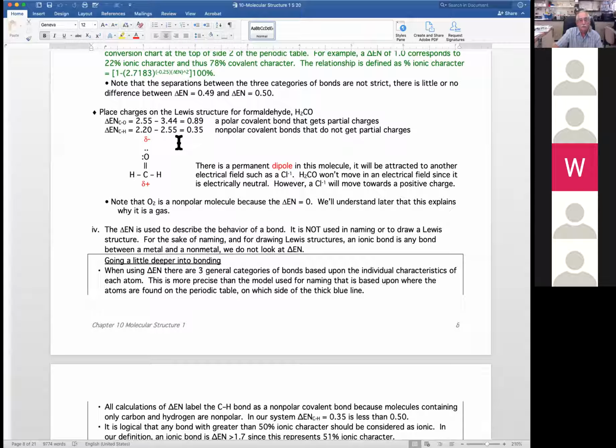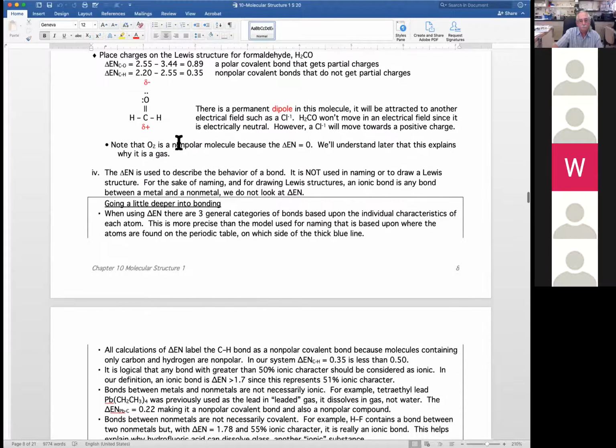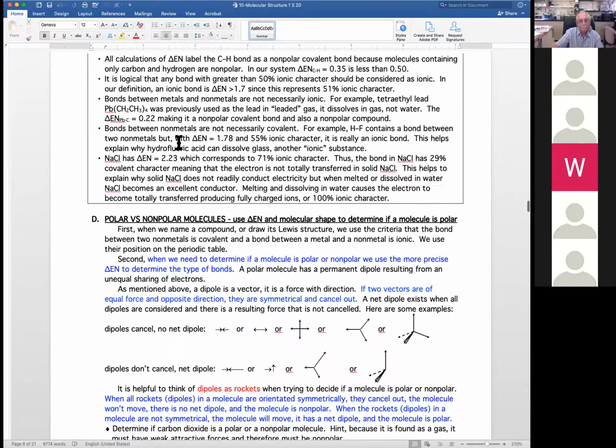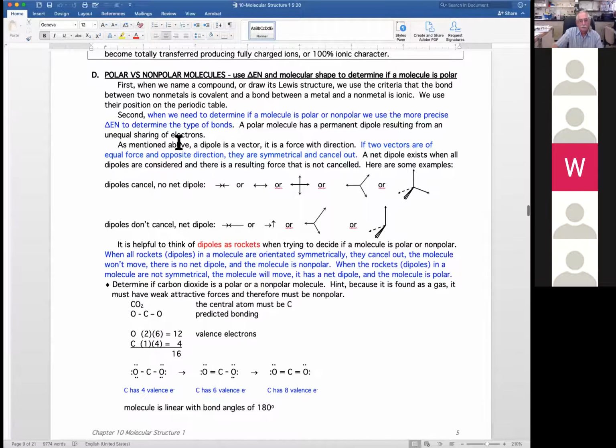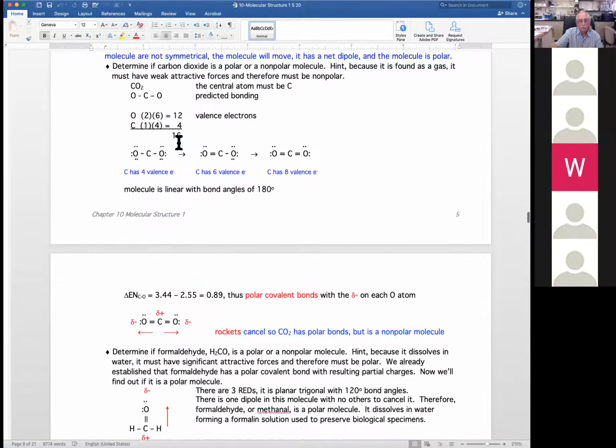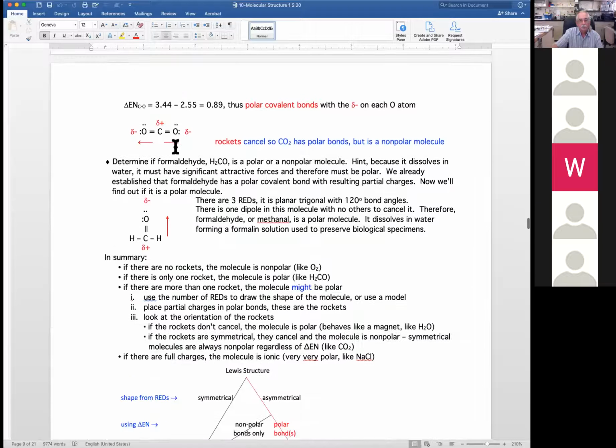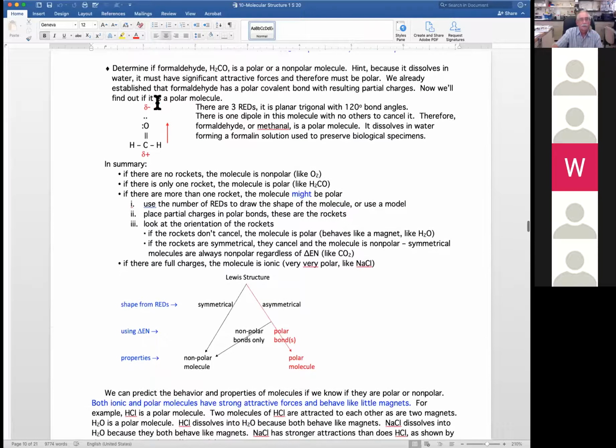So they're going to stick to each other. So we kind of did this one already. So CO2 is a symmetrical molecule. That's why it's nonpolar. There's nothing there to cancel out the carbon-oxygen dipole, so it's a polar molecule.